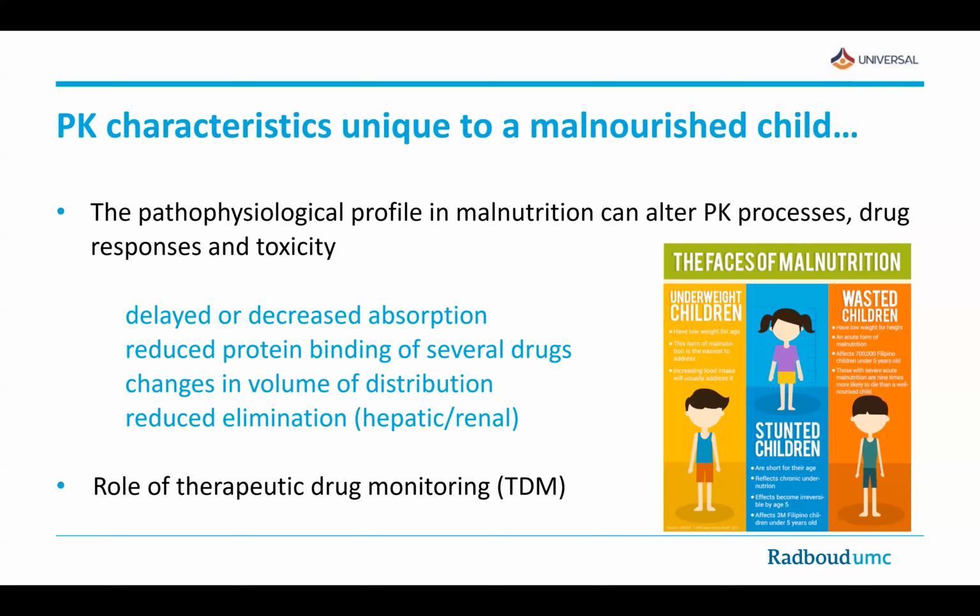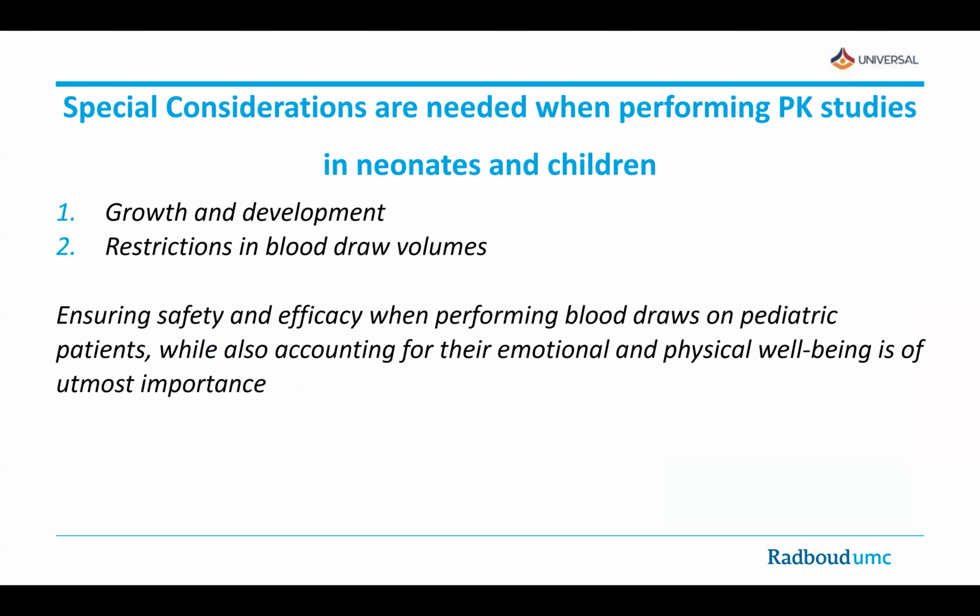And in these specific cases, therapeutic drug monitoring could be helpful. By measuring the concentration of a drug, it can be checked whether the concentration of a drug is adequate or maybe toxic. Another consideration when we perform pharmacokinetic studies in children is the restriction in blood draw volumes.